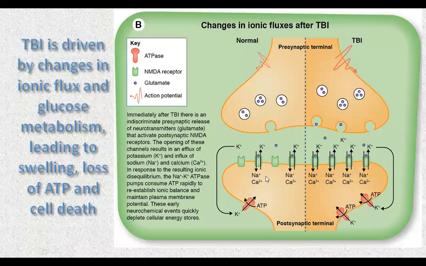And so we're collapsing the membrane potential of large numbers of neurons. When that happens, the neurons step up their efforts to restore their ionic gradients, which means they're burning through lots and lots of ATP. And they still have a messed up membrane potential, and now they're running out of ATP.